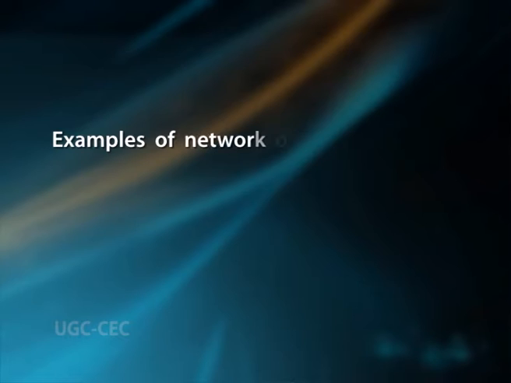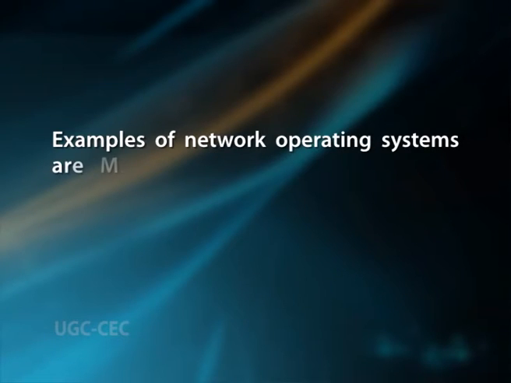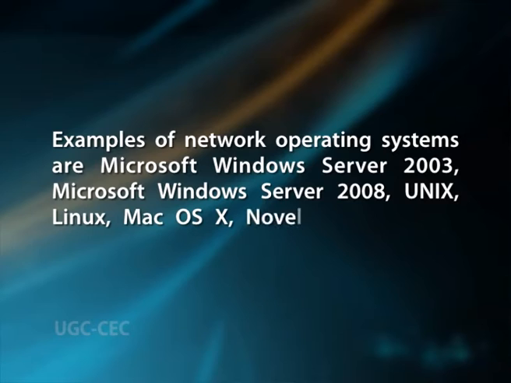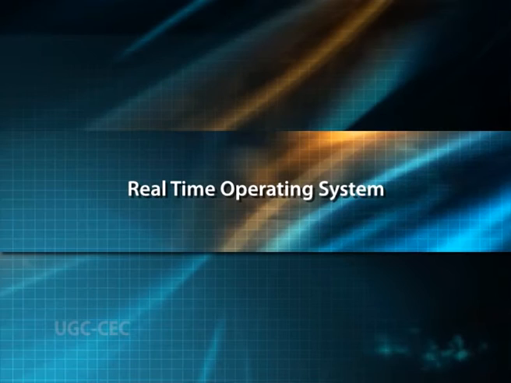Examples of network operating systems are Microsoft Windows Server 2003, Microsoft Windows Server 2008, Unix, Linux, Mac OS X, Novell NetWare and BSD.